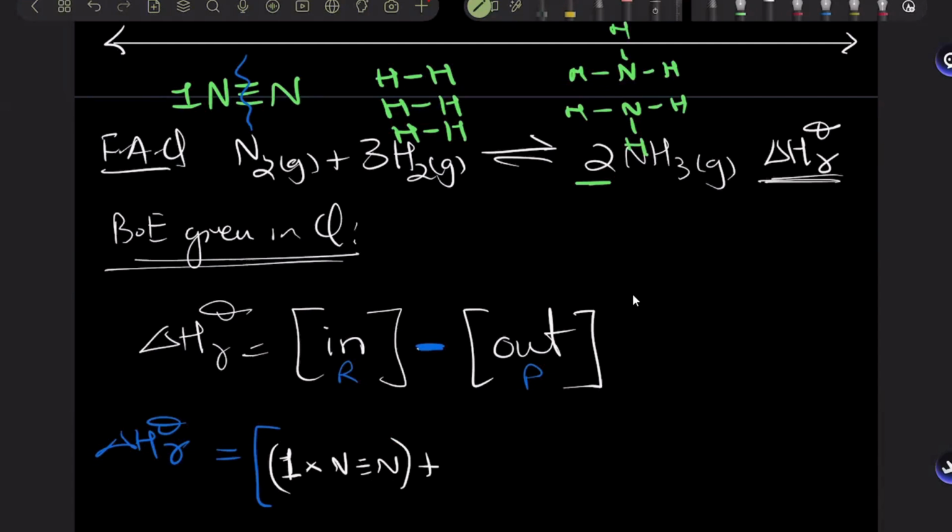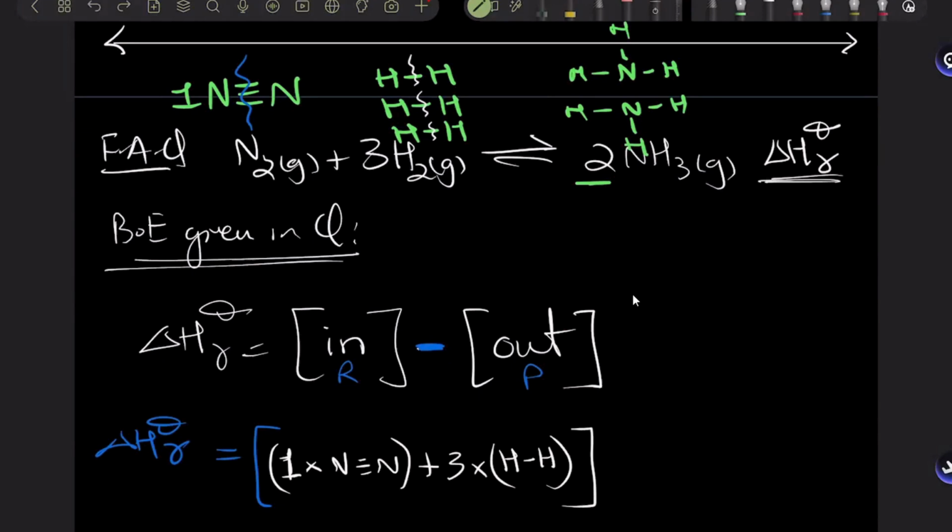Plus, how many hydrogen-hydrogen single bonds do I have to break? 3 times. So plus 3 times the hydrogen-hydrogen single bond, and I'll insert whatever the bond energy value is. But you need to be able to make this equation first.